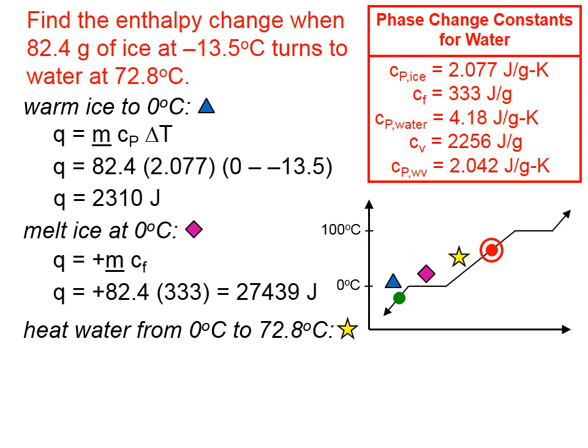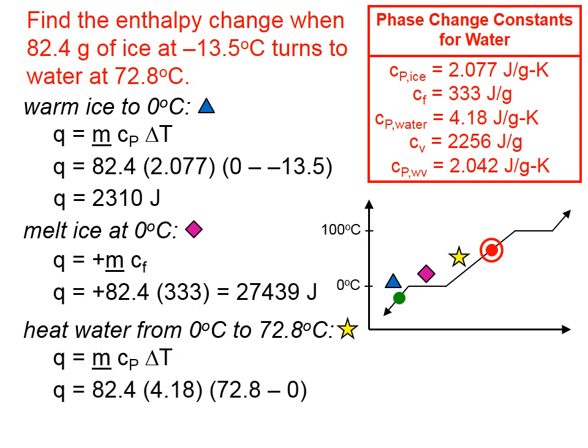If we look at our heating curve, we're imagining that we're starting right now at this point, and we need to proceed up to the red dot. We're in a slanted portion of the curve, so there is a temperature change, so we use the delta T form of the equation. In this case, we have the specific heat of water. In the upper right corner, you can see it's 4.18 joules per gram Kelvin.